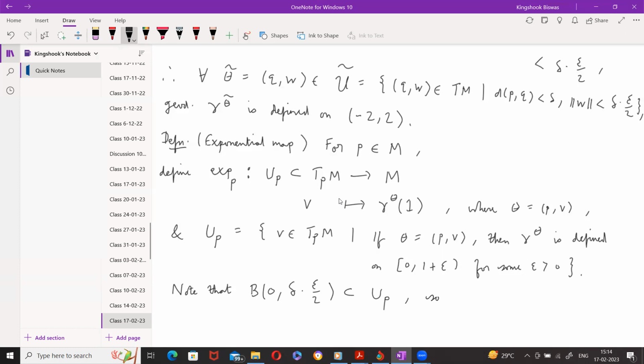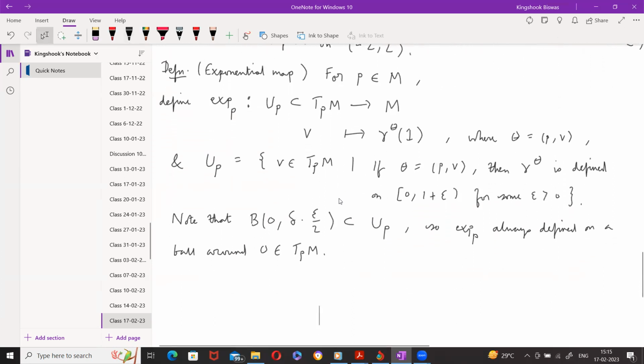Okay, so this exponential map is always defined on a ball around the origin. Okay. Is this clear? Yes, sir.